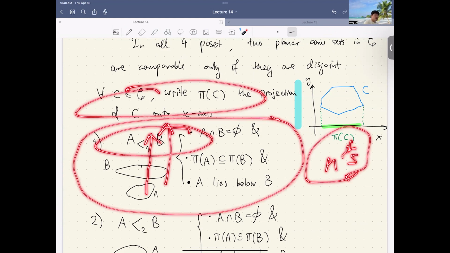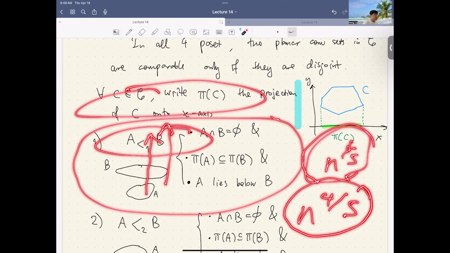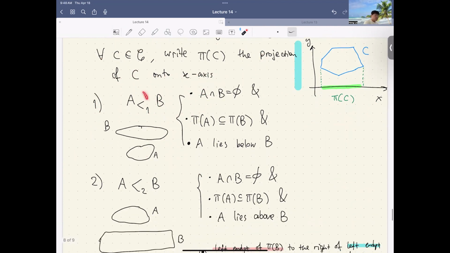We are done. Pairwise disjoint planar sets of this size. Or you can find an anti-chain of size n to the 4/5.